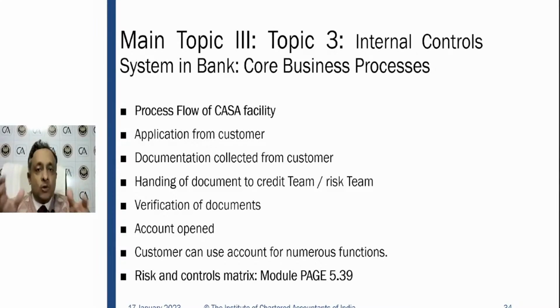Then what happens once you do it? So your application and your documents are handed over to the credit team or risk team within the bank that makes an analysis of the documents submitted by you for opening a current account. Once those documents are verified, so verification is done.